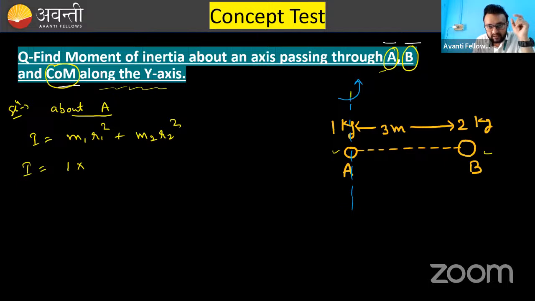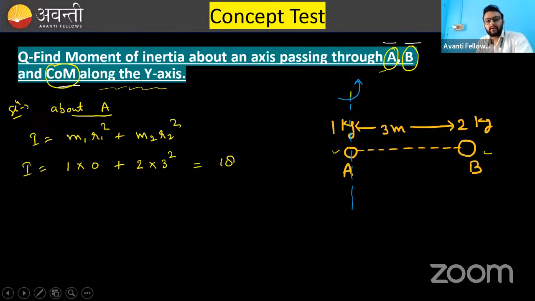So its perpendicular distance will be 0, plus second mass is 2 kg, and its perpendicular distance from the axis, this blue line, can you see that this distance is 3 meter? So square of 3. So it will become 18.